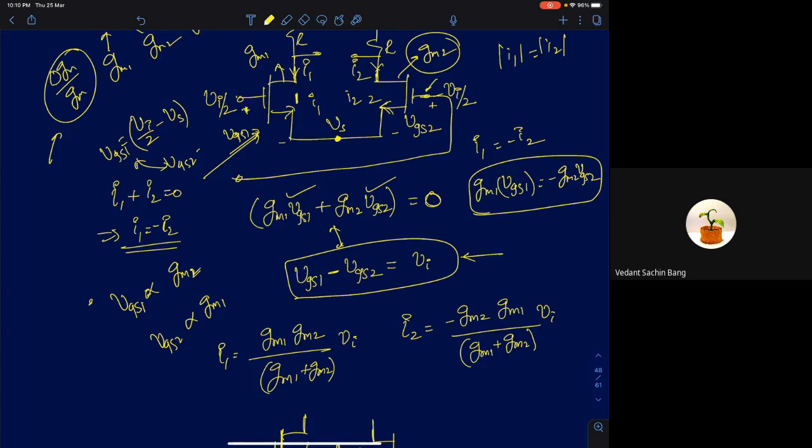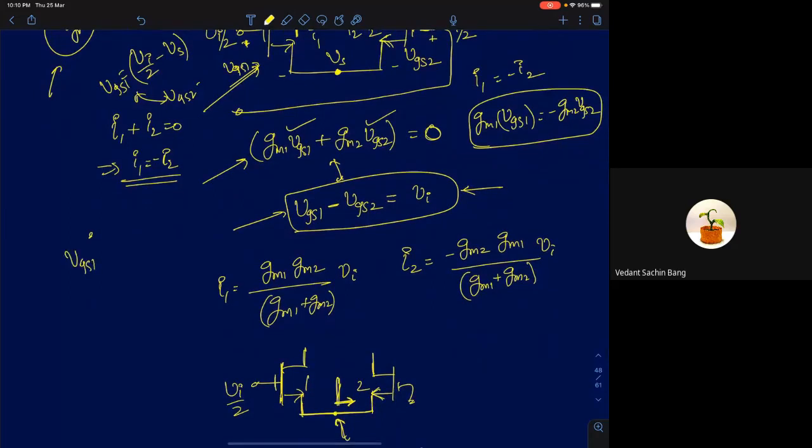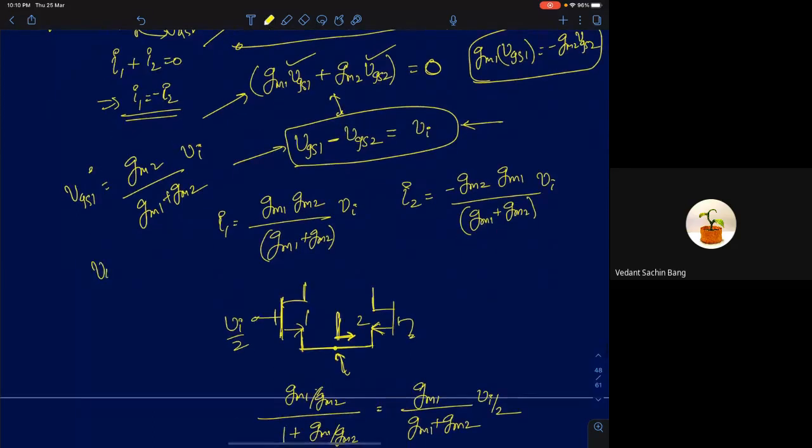So directly you can write, you can of course solve these two equations as well, but the equations also make intuitive sense. VGS1 will be equal to GM2 upon GM1 plus GM2 times VI. And VGS2, what do you think should be VGS2 in terms of VI?